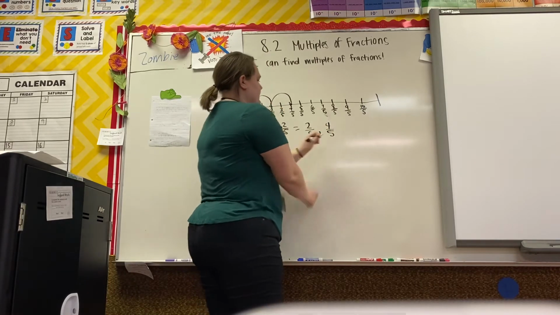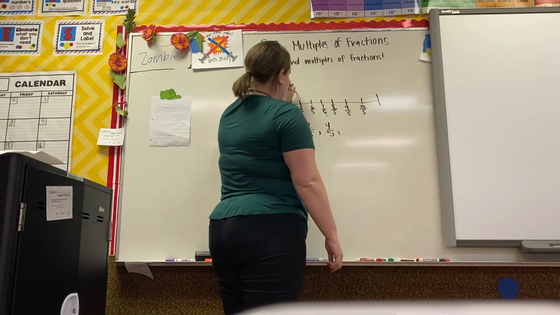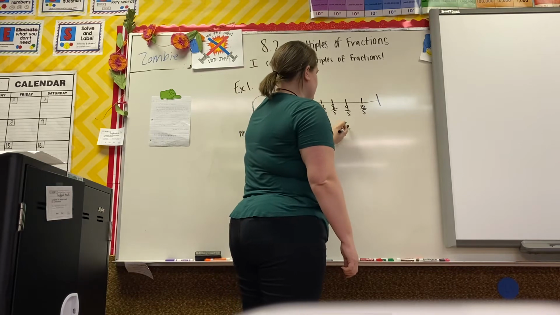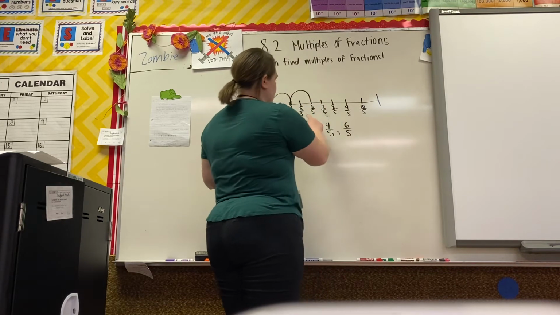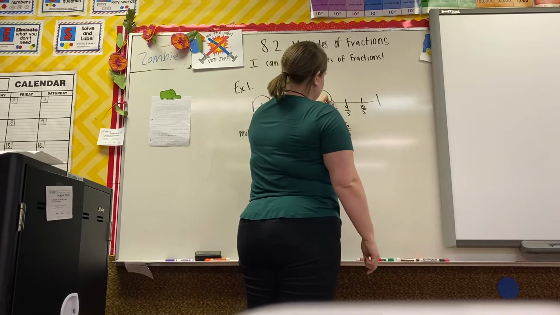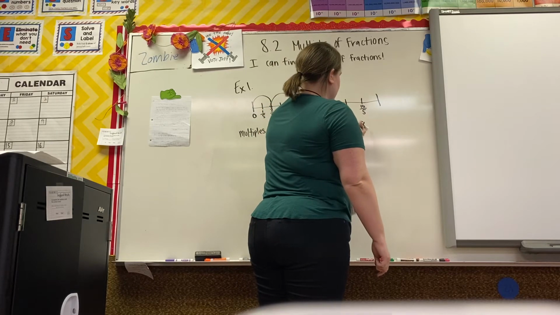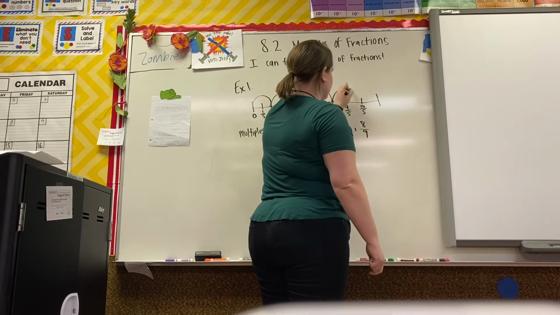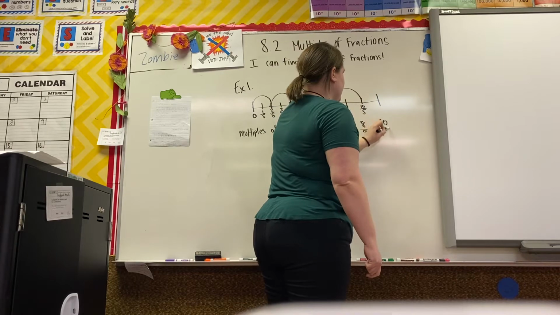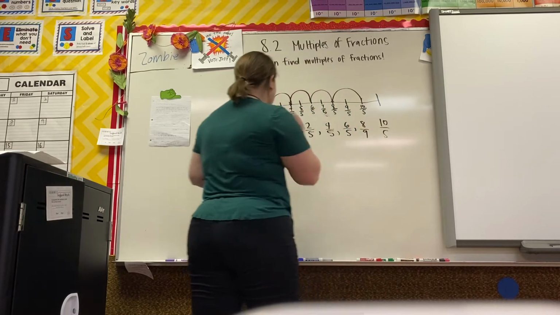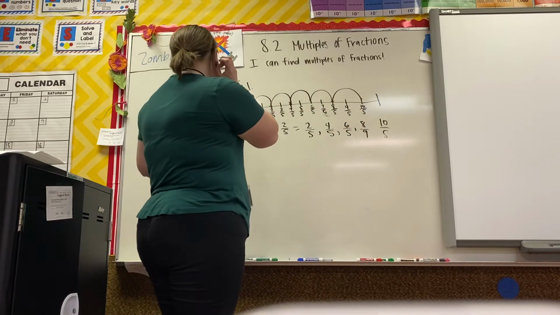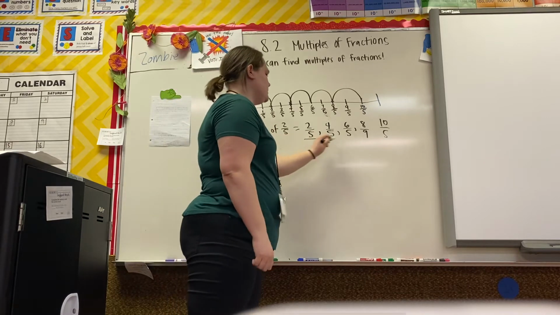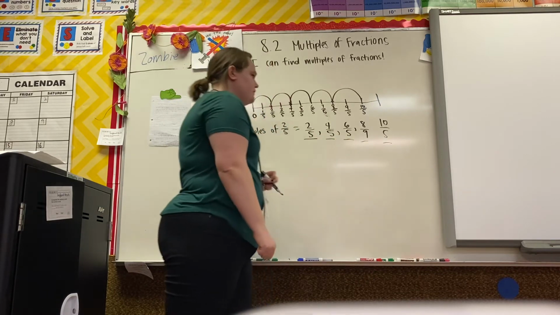I'm gonna do it again, jump 2, 6/5. I'm gonna jump again, 8/5, and then I'm gonna jump one more time, and I have 10/5, okay? And so these are my multiples of 2/5.